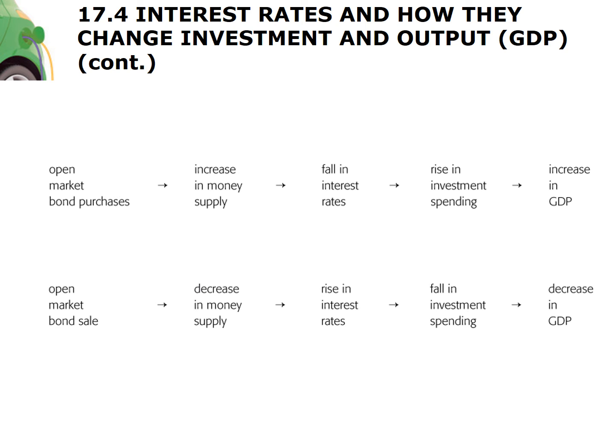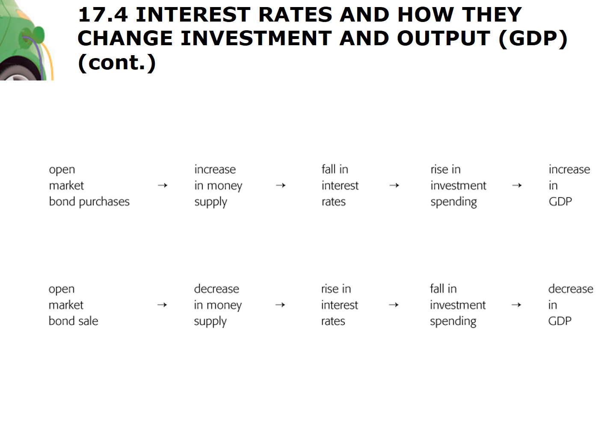And this slide shows the path of the interest rate and how that eventually changes investment and output. We start with the top left panel. Let's say the Federal Reserve executed open market bond purchases. They went to the commercial banks and started buying back those treasury bills. Then the commercial banks are receiving more cash, and therefore the money supply is increasing in the economy. That additional money supply is causing the interest rate to fall, as we have seen in one of the previous slides.